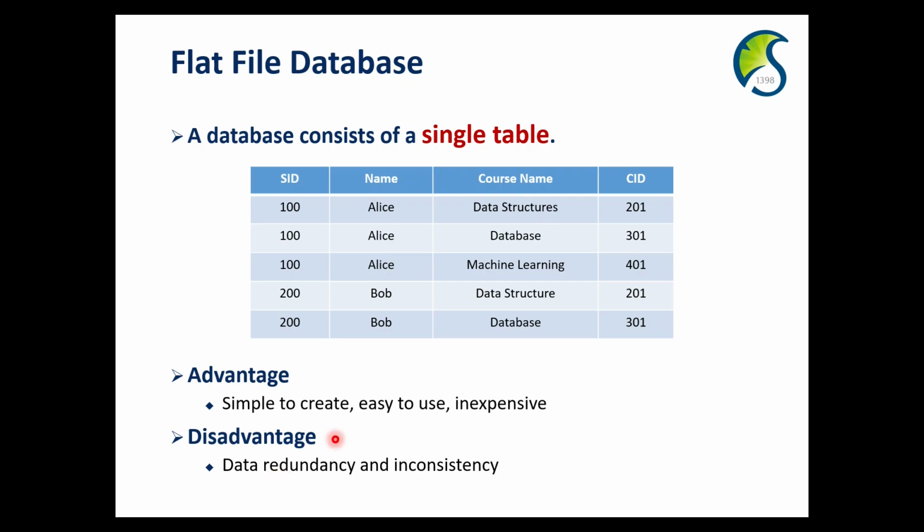So if we want to update this single table, it means that if we want to change the course name, for example changing the name of data structures to Introduction to Database Structures, we have to change multiple rows at the same time.